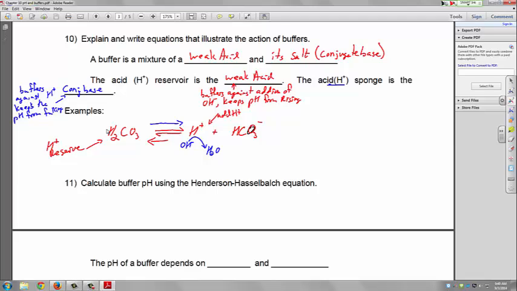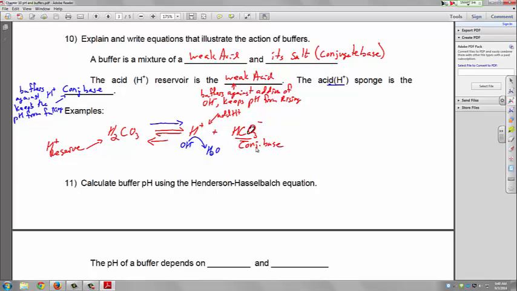What allows us to do that is the fact that we have a bunch of this conjugate base. This is a conjugate base, and it soaks up hydrogen ions. Bases are proton acceptors. The bicarbonate ion here accepts the extra hydrogens and forms the carbonic acid.